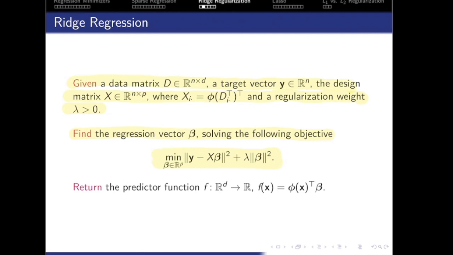We minimize the residual sum of squares plus our regularization rate lambda times the squared norm of beta. Then we return our predictor function after we have optimized this, which is equal to phi of x transpose times beta. So our objective here is unconstrained and smooth, because we have the smooth residual sum of squares term plus lambda times the smooth squared norm of beta.